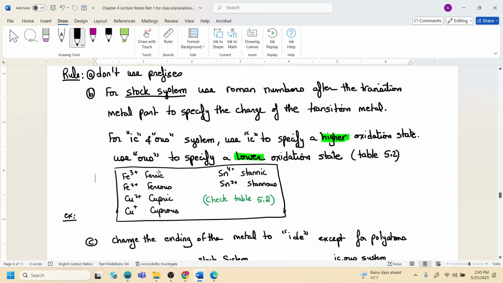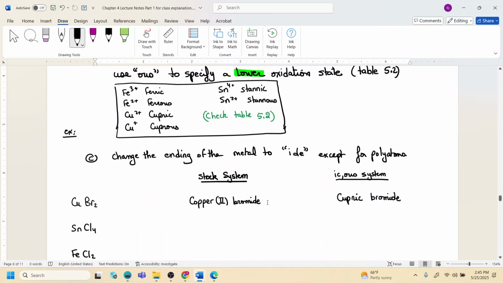It's just the common ones like ferric, ferrous, cupric, cuprous, and stannic. Tin is Sn and is named stann-. If it is 4 plus, this is a higher oxidation state. It's losing 4 electrons versus 2 electrons. So this is stannic versus stannous. Other examples are in the table that I showed you.